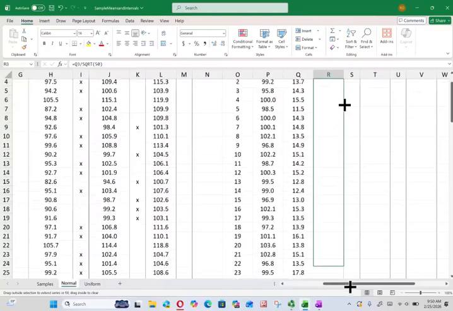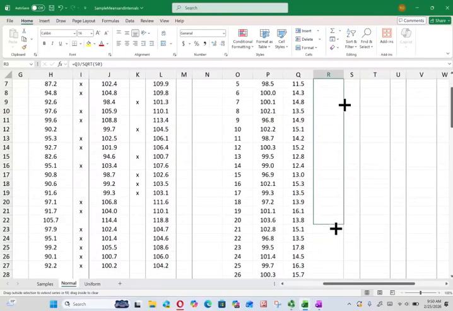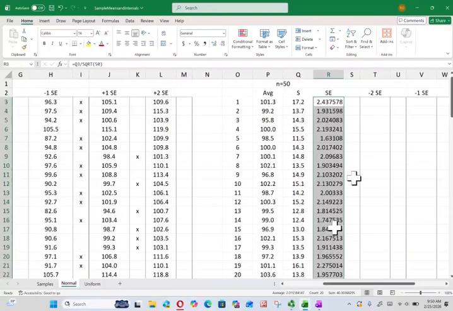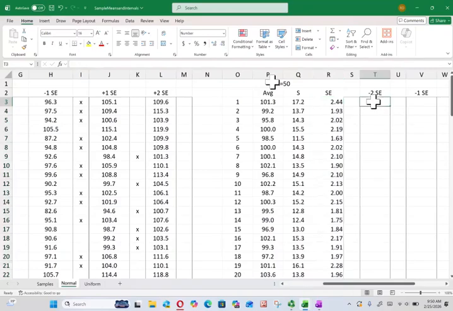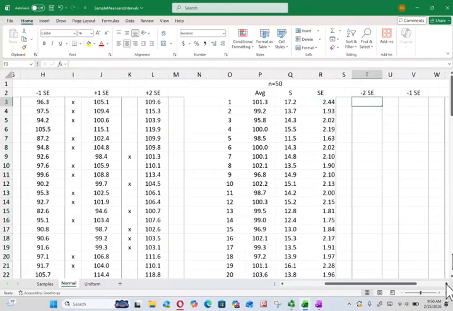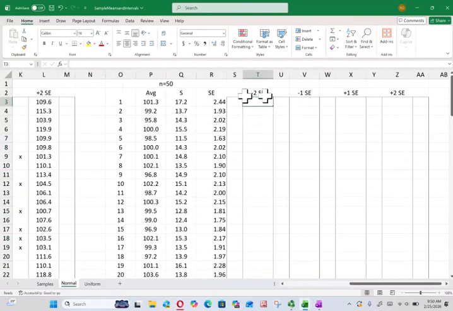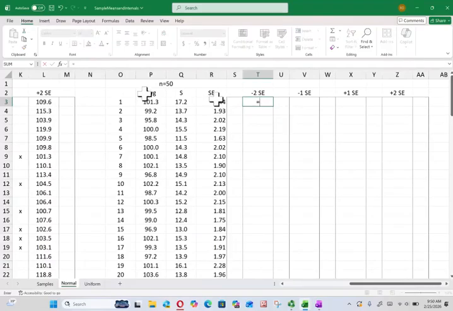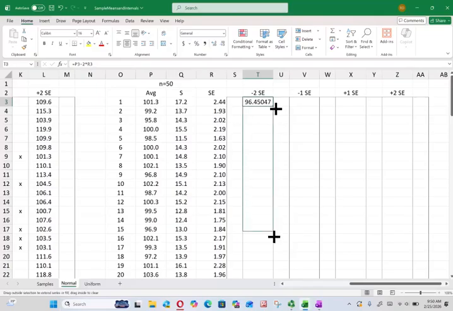I'm going to copy that down for 25 or 20, whatever works. Then 2 standard errors down is going to be equal to the average. First one is 100.3 minus 2 times the standard error. Copy that down.